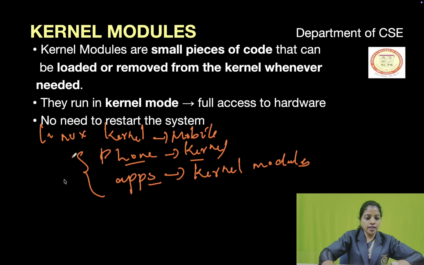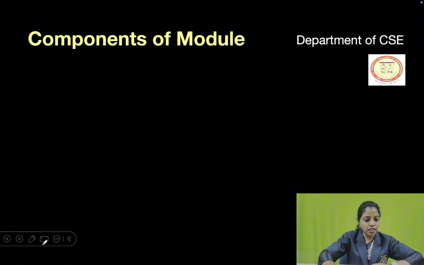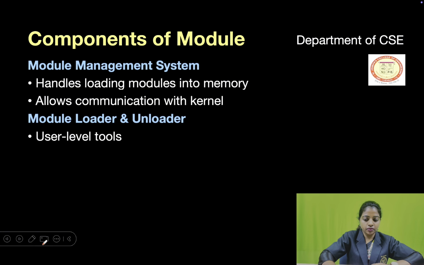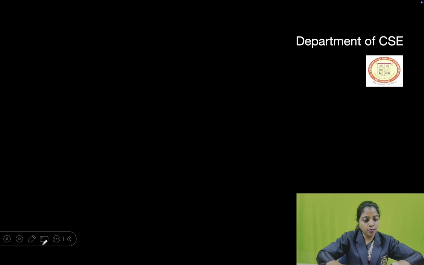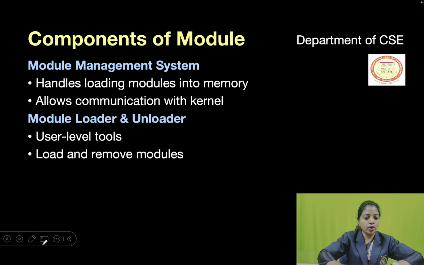The next topic is components of a module. The first is the module management system, the second is the module loader and unloader. The module management system handles loading modules into memory and allows communication with the kernel. The module loader helps us load and unload modules.